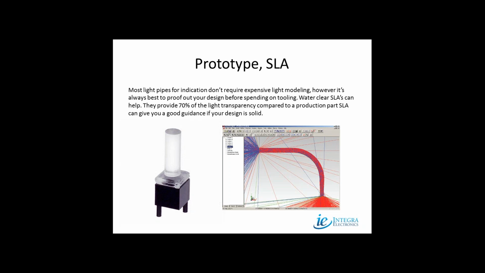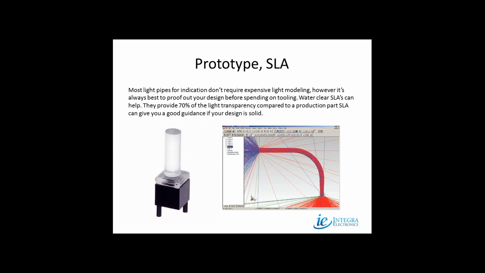The software is expensive. Most of the light pipes that we run into are used in indication and can have more of a basic approach where you can use an SLA to help manipulate the light and give you an idea of how the light pipe works. Chris, any thoughts on the prototyping and SLA aspect of light pipe design?